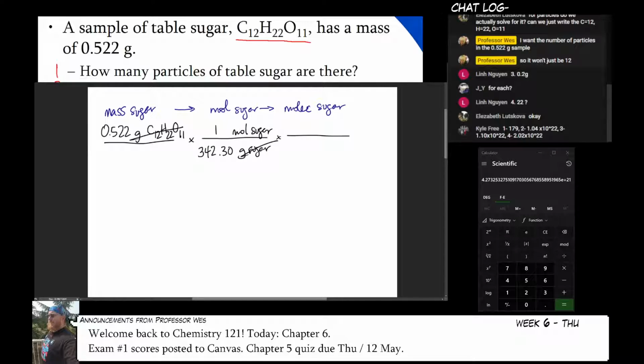And then from there, we go from moles to molecules. And in a mole of anything, we'll cancel these out, there are Avogadro's number of molecules.